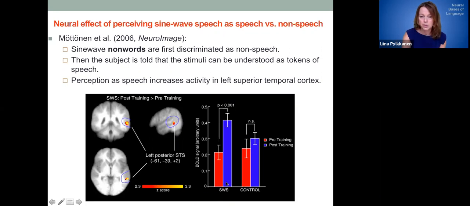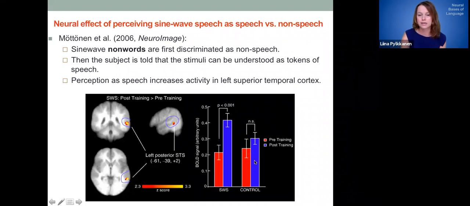So this is your sine wave speech. The post-training is the data during which they knew that it was supposed to be some kind of speech. There's also a control stimulus that nobody's thinking of as speech. That's crucial because in this kind of study, you need to show that the effect is not just an effect of first session versus second session.